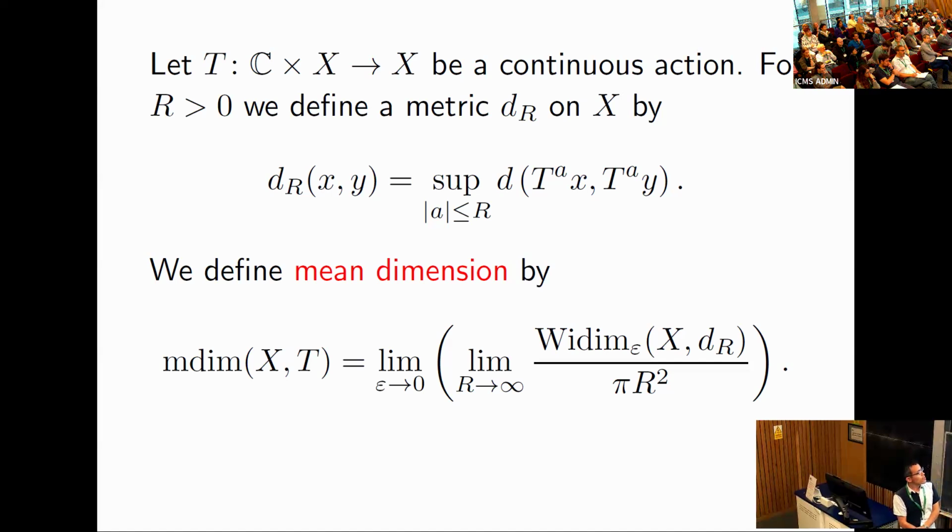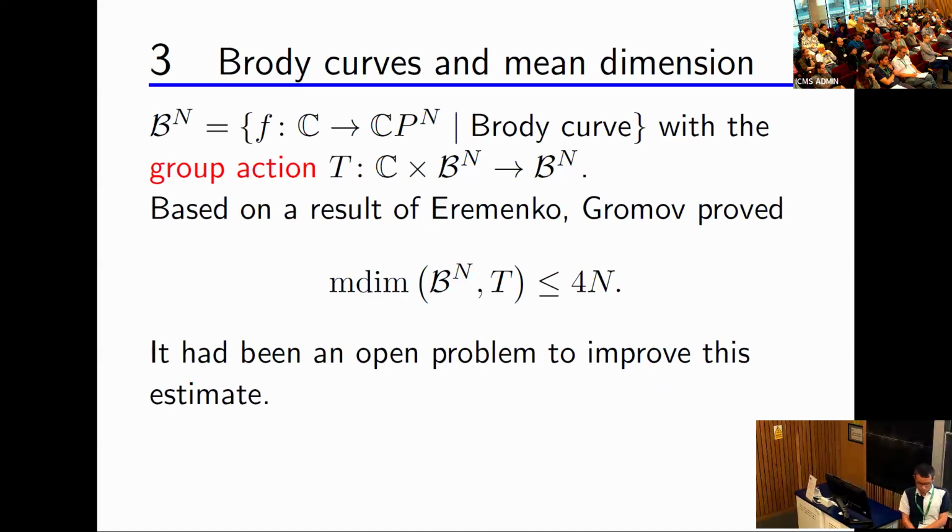Okay, so let's go back to Brody curves. Recall that we denoted by B_n the space of Brody curves in CP^N. The important point is that this space has a natural group action of C. So this is a compact metric space with a natural continuous group action of C, so we can consider its mean dimension.